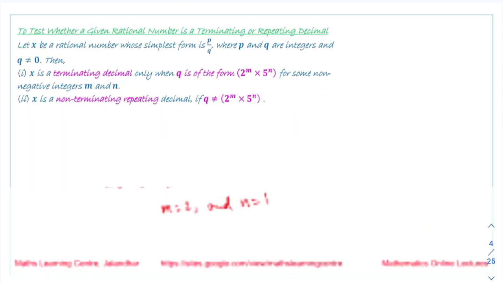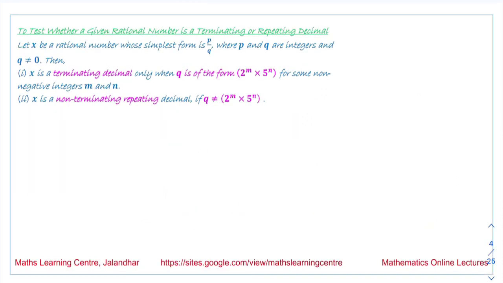Next is to test whether a given rational number is a terminating or a repeating decimal. So we are saying let x be the rational number whose simplest form is p by q, where p and q are integers and q is not equal to 0.